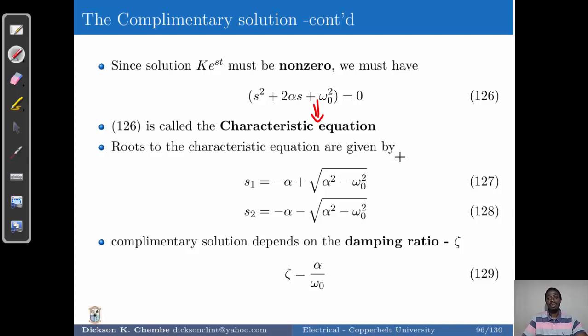The complementary solution depends on this characteristic equation, especially on what we call the damping ratio zeta, which is the ratio between the damping, alpha, and omega naught. Once we know what this ratio is, we have three case scenarios that assist us in finding the complementary solution.